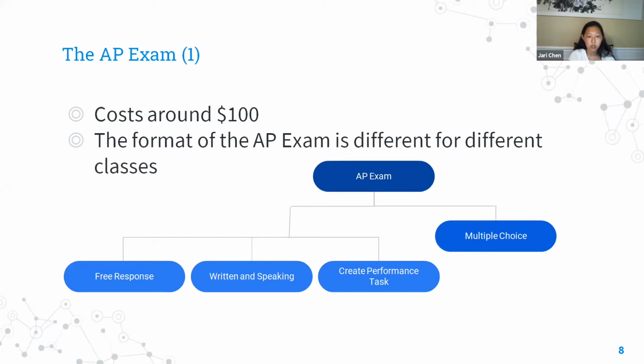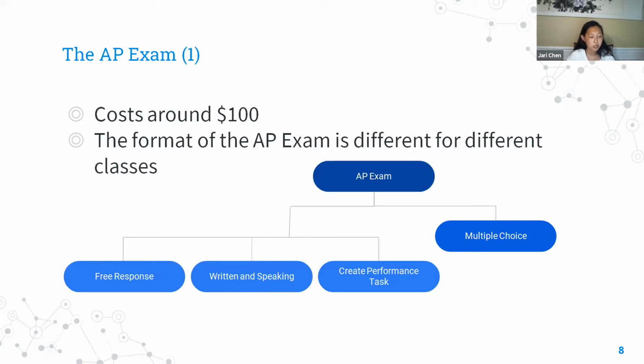Like the diagram shows, the AP exam consists of a multiple choice portion, and it also consists of another portion that is either free response, written and speaking, or create performance task.